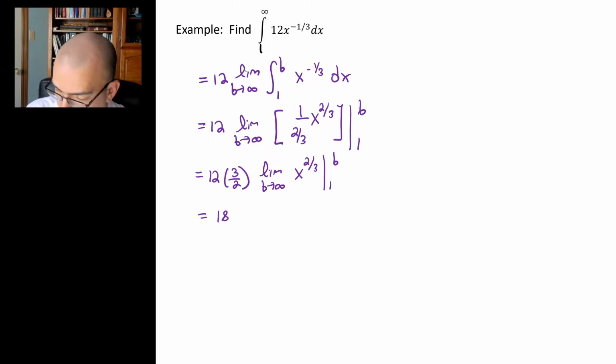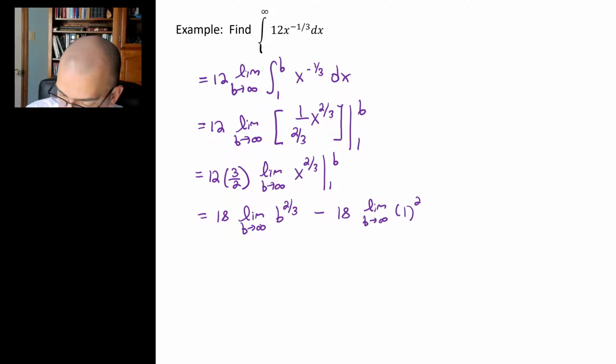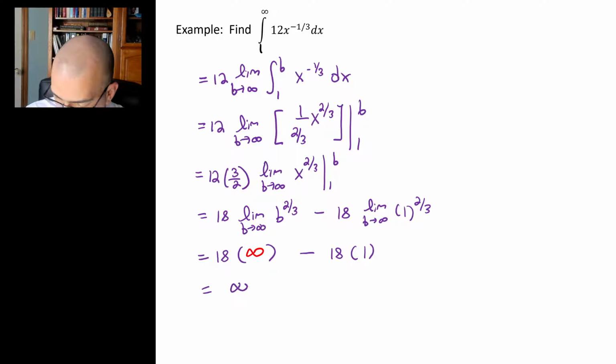So 18 times the limit as b approaches infinity of b to the 2/3, minus 18 times the limit as b approaches infinity of 1 to the 2/3. And this is going to be 18 multiplied by infinity. And here's why. So this diverges. We get 18 times infinity minus 18, which is infinity.